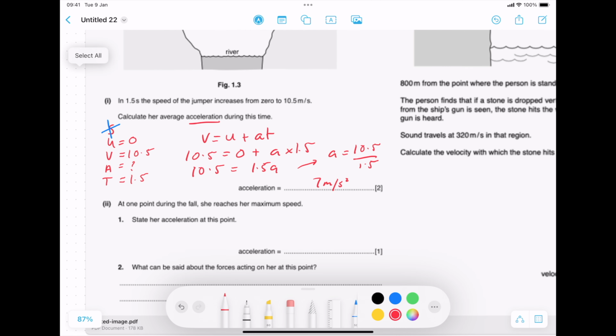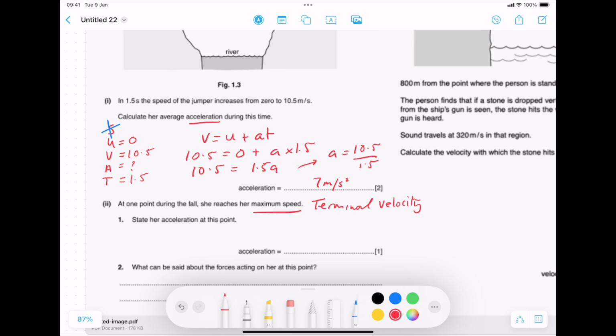At one point during the fall, she reaches her maximum speed. State her acceleration at this point. The maximum speed is sometimes referred to as the terminal velocity. Now, it's not a trick question. You just need to understand what this phrase means.